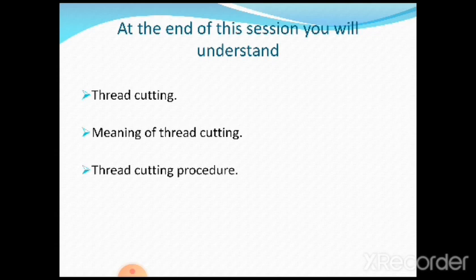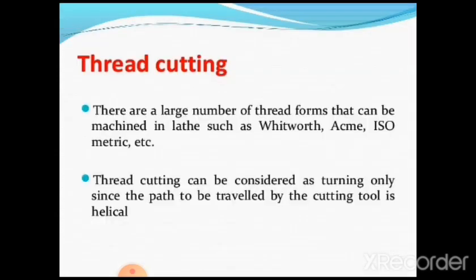Welding also, but here we are going to understand how, if you take a simple hexagonal headed bolt, a square headed bolt, or a stud, it has threads generated on its surface. How it is generated and produced, that whole concept we are going to discuss in detail in today's session.